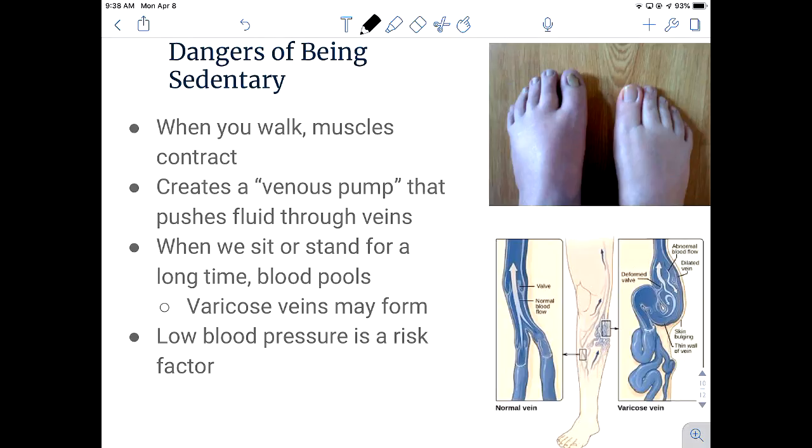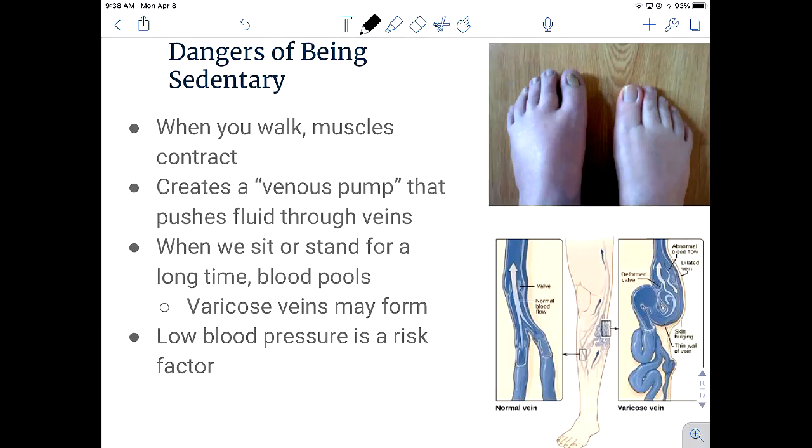Part of that is because as you walk around, you push your blood around your body simply by moving. The veins themselves don't have very strong muscles, so it's actually the movement of your body and the movement of your limbs that can give that blood a little bit of motion.